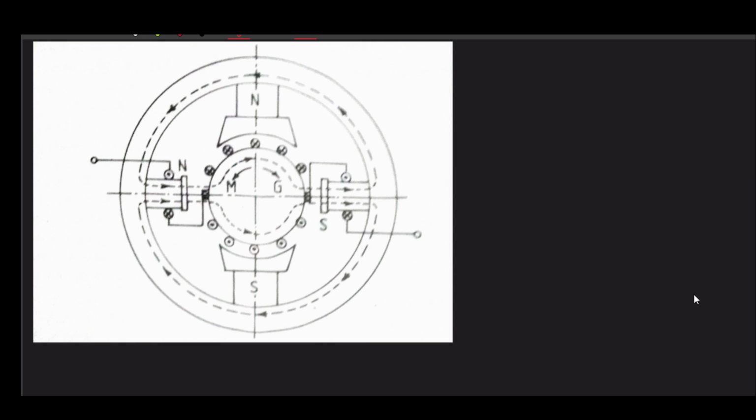We realize that brush shift can be done to avoid the commutation problem, but there is a lack of flexibility with the brush shift. The amount of shift is totally dependent on the load current, and for a particular amount of load current you need to shift your brush a particular amount, and that is not a feasible solution.